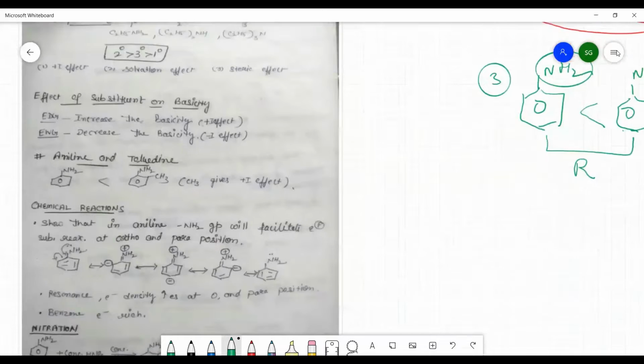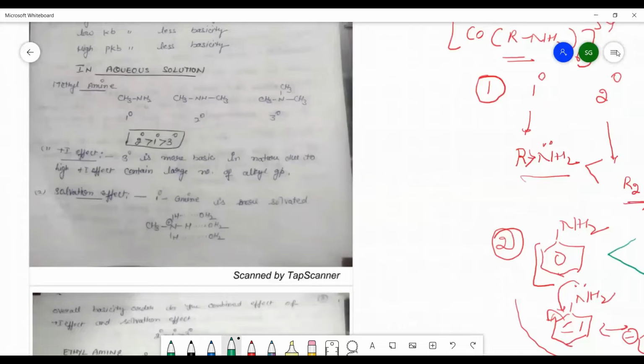Now, let us see the basic nature in the case of aqueous solution. In aqueous solution, there are two examples. One is methylamine, primary, secondary and tertiary methylamine. The basic character will be in this order: secondary, primary and tertiary. That means it indicates that not only the plus I effect decides the basic nature in aqueous solution, since there is a solvation effect also, because the solvent molecules surround the amine molecule.